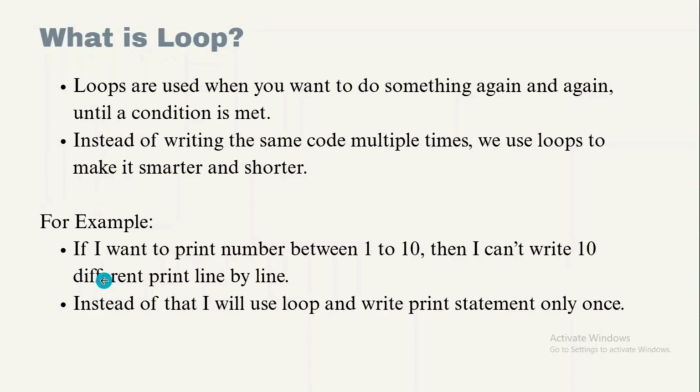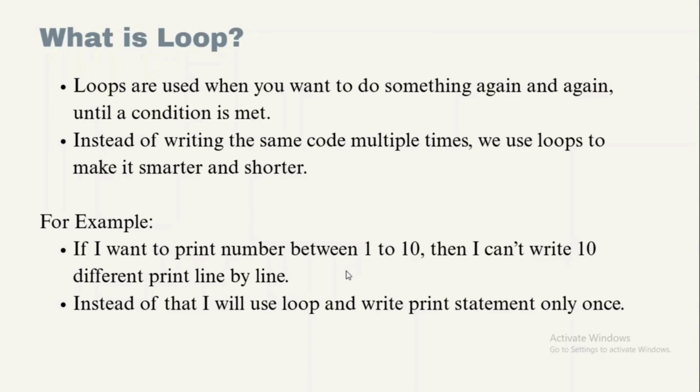For example, if I want to print numbers between 1 to 10, then I can't write 10 different print lines one by one. Suppose I want to print all 10 numbers, 1 2 3 4 5 6 and so on. Either I can print all these numbers in a single print using commas, or I can use 10 different print statements. Okay, but that is kind of extra work.